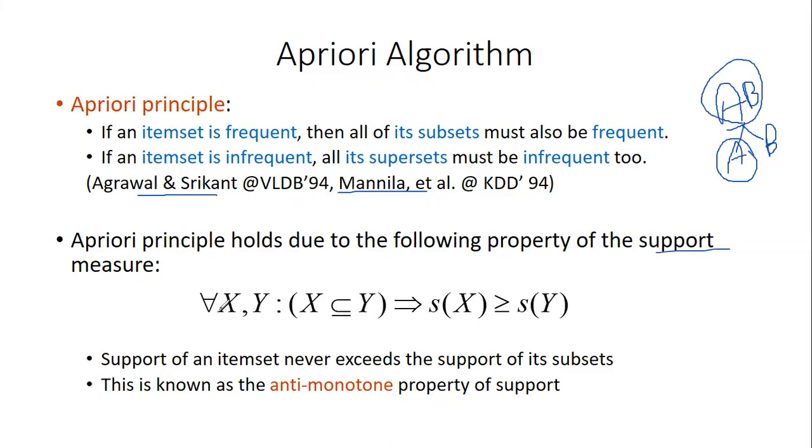So what it says: for all X and Y, X and Y both are item sets. If X is a subset of Y, then the support of X is greater than or equal to the support of Y. So what does this property mean? That means the support of an item set never exceeds the support of its subset.